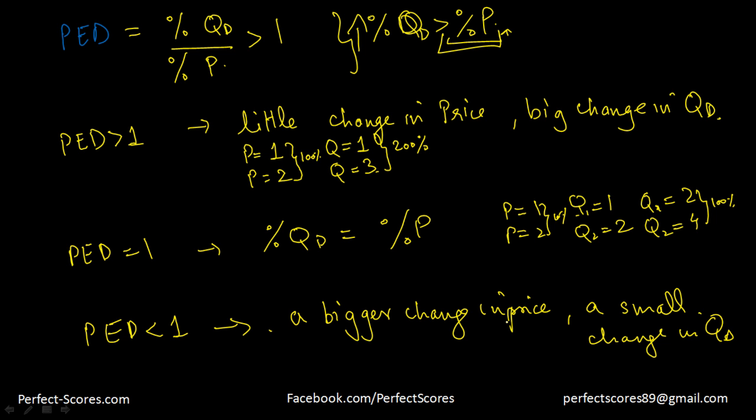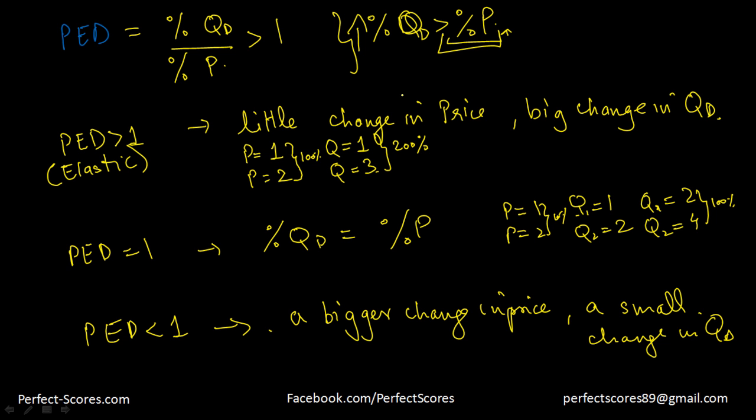Now over here, you can clearly see that my demand curve is elastic. When I say elastic, I mean even a smaller change is bringing about a big change. Think of a rubber band. You stretch the rubber band even by a little bit, and it gets stretched by a lot.